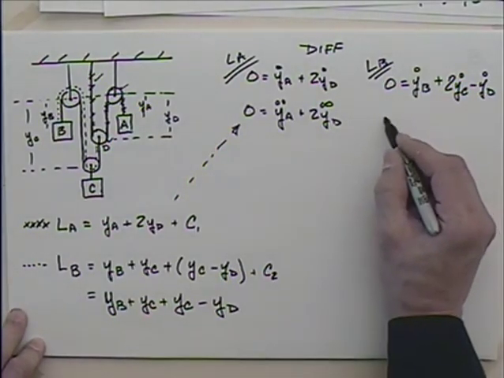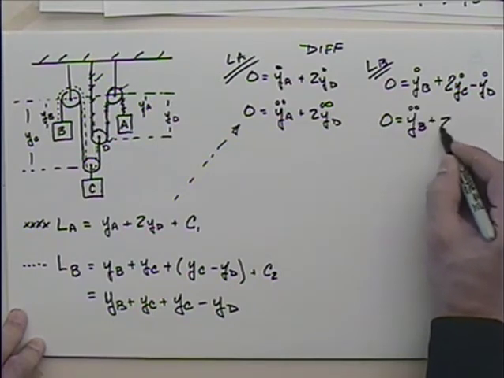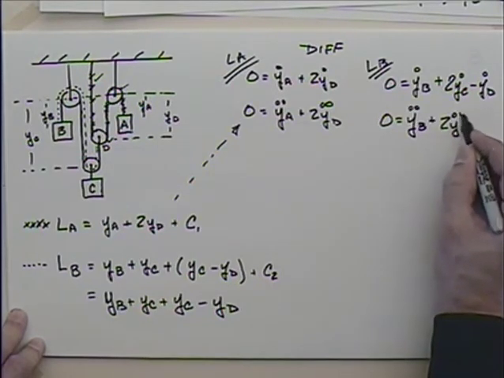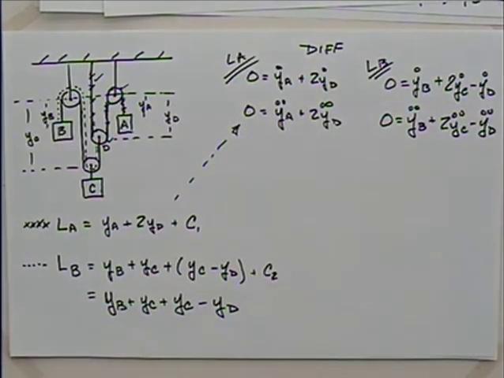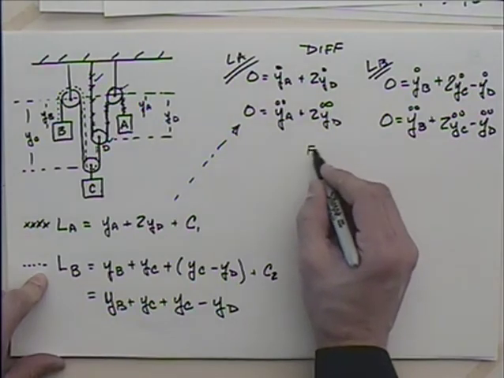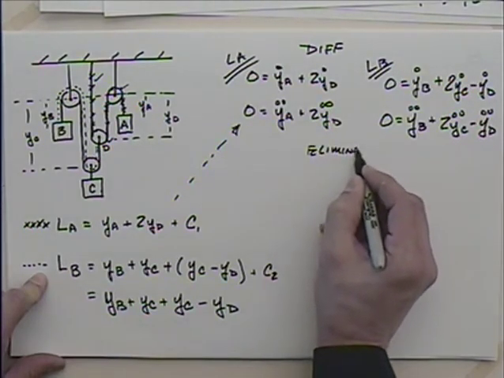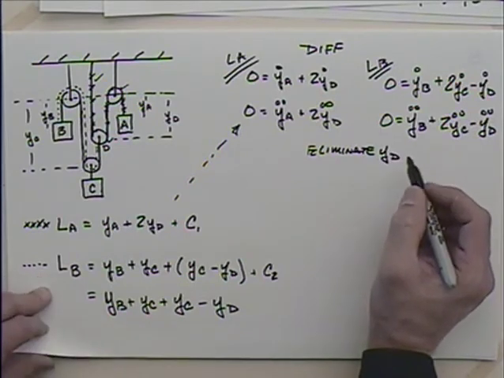And if I differentiate this again, 0 is equal to y sub b double dot plus 2y sub c double dot minus y sub d double dot. So I got expressions for velocity and acceleration on either one. We notice that both of them have y sub d, so I'd like to eliminate y sub d.